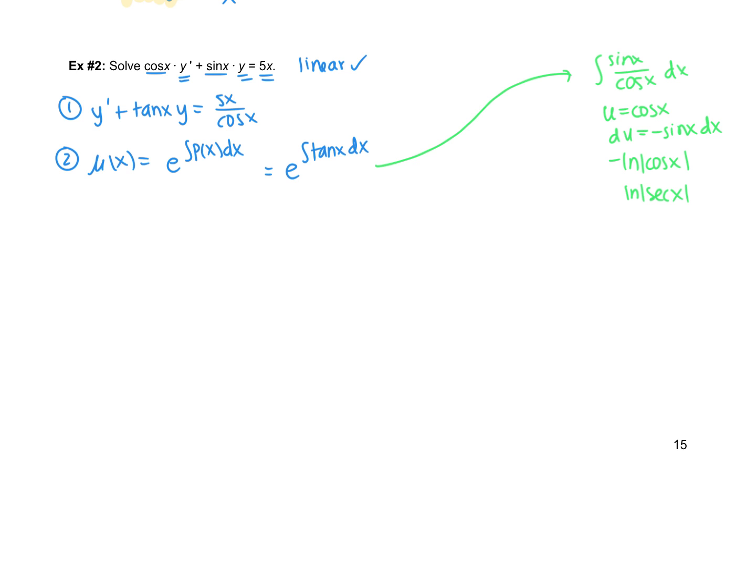Okay, so going back to our equation then, this becomes e to the natural log of secant of x, which is just secant of x.